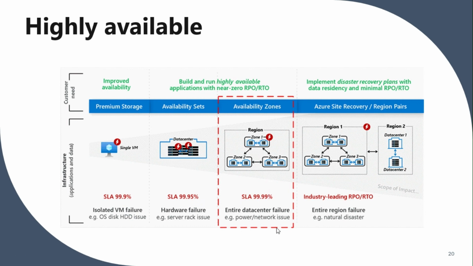And when you go with an availability zone, your service level agreement improves to 99.99 percent. Here you deploy your application to zone 1, zone 2, and zone 3. Any failure in a single zone will be handled by the other zones.